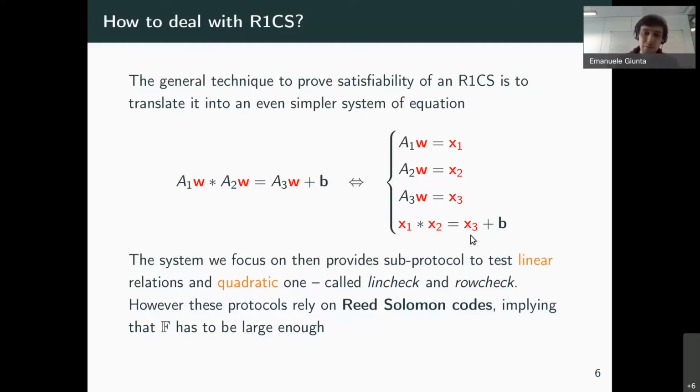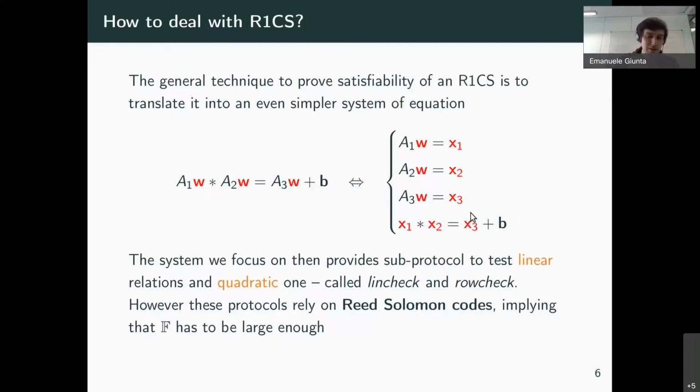At this point, this is exactly where linear codes finally come into play, because most of the systems currently used in order to achieve succinct communication deploy linear codes. If a prover knows w, and consequently also x1, x2, and x3, he can encode these vectors through, for instance, a Reed-Solomon code, together with some randomness, of course, in order to avoid disclosing any sensitive information. Subsequently, the verifier can ask to open these code words that the prover committed to at first in specific positions, specific indexes.